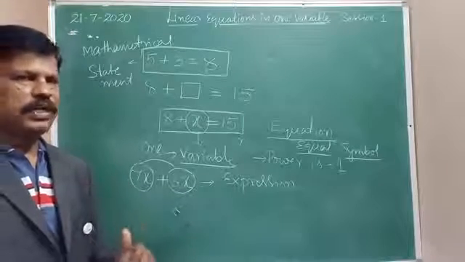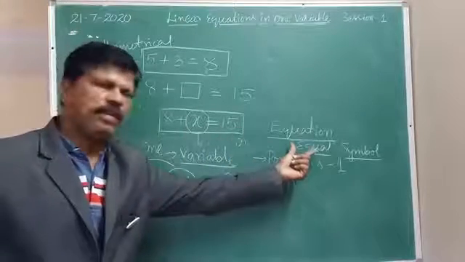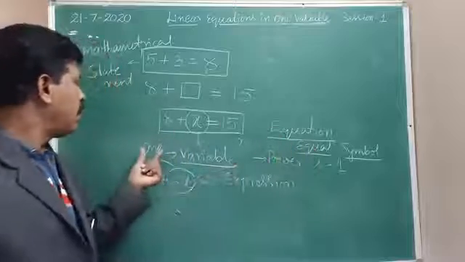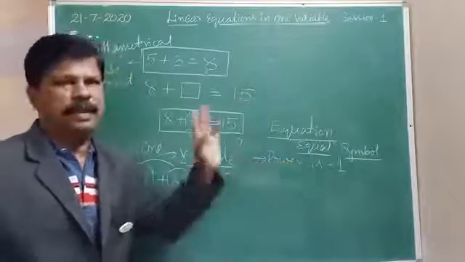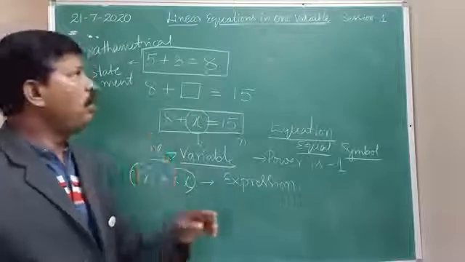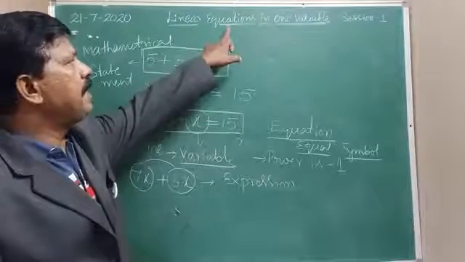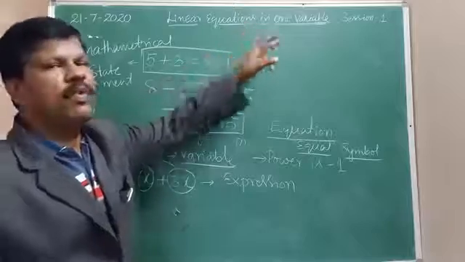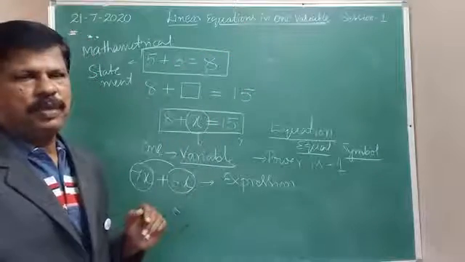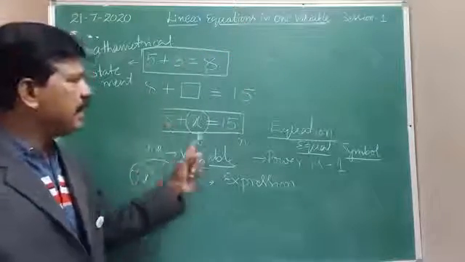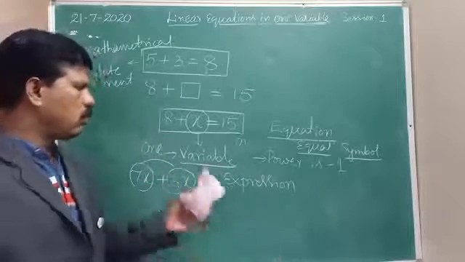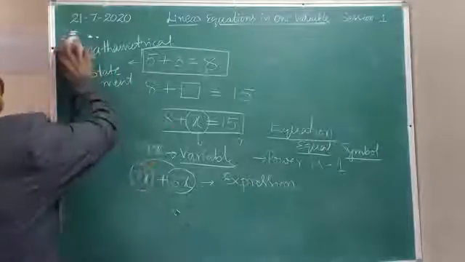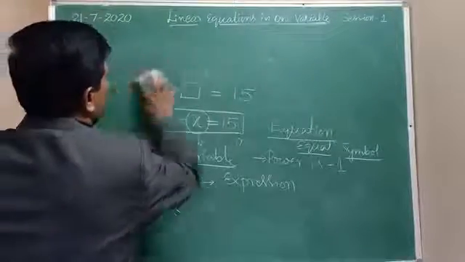An algebraic expression consisting of an equal symbol and having one variable whose power is 1 is called a linear equation in one variable. So, what is a linear equation? First thing is equation.